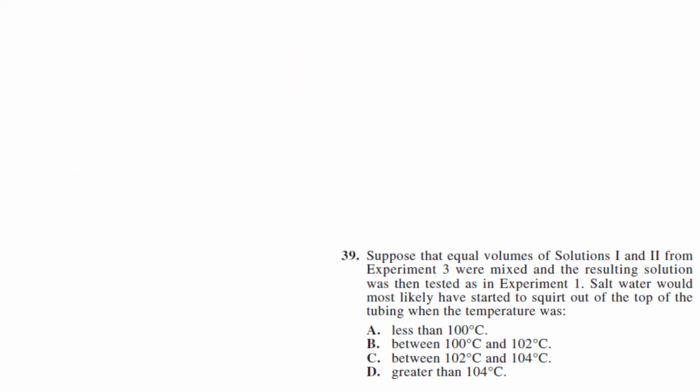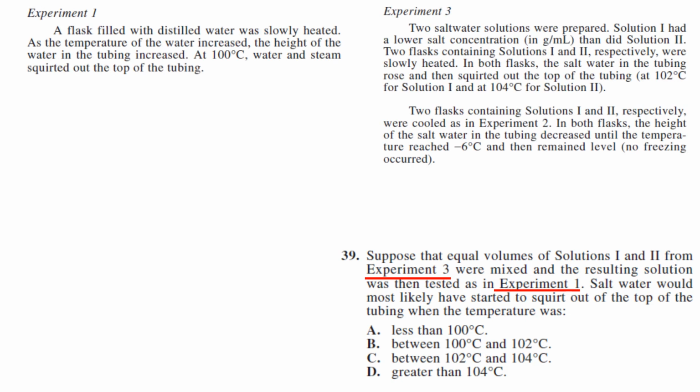Number 39 is a suppose question again. It's a suppose if question. It's a key to say you're going to have to do some critical thinking. So suppose that equal volumes of solutions 1 and 2 from experiment 3 were mixed with the resulting solutions tested as in experiment 1. So we're using experiments 1 and 3. Salt water would most likely have squirted out of the top when the temperature was. So in experiment 1, they're going to boil the water.